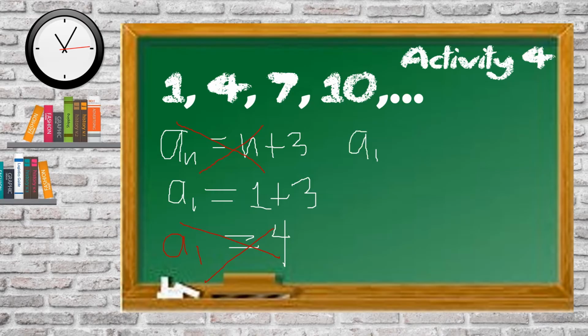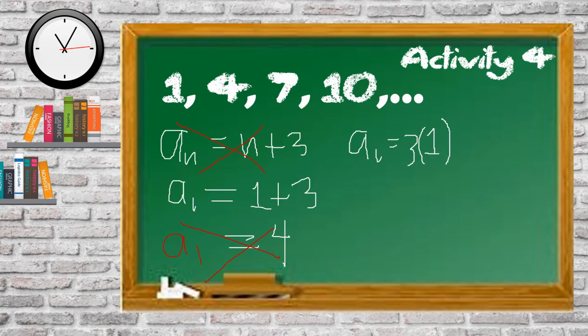Paano kaya natin makukuha yung 1 na ating first term? So, lagay muna natin dun yung 1 bilang ating n. Kung mag-multiply kaya tayo ng 3. 3 times 1 equals 3. Pero, 1 yung ating first term. So, paano kaya magiging 1 yung ating 3?